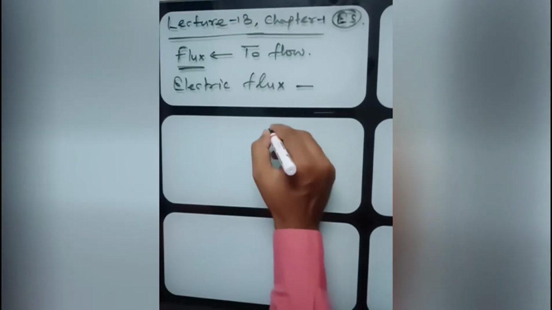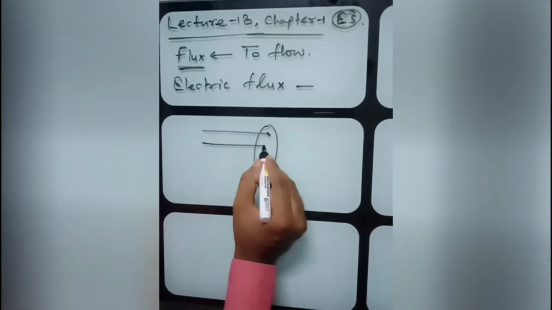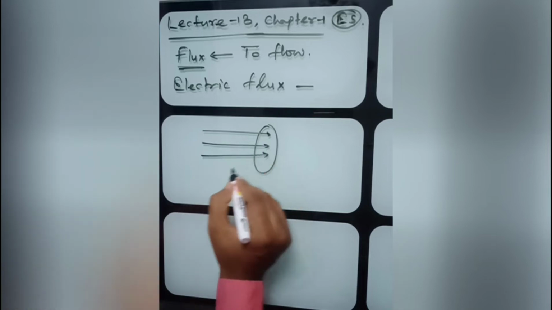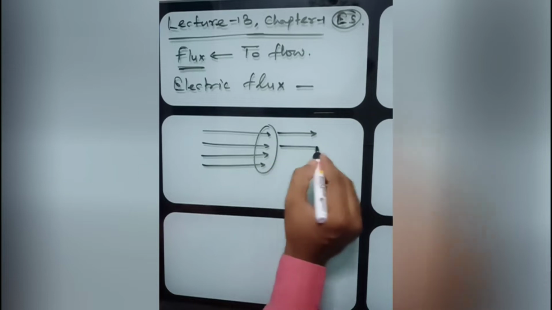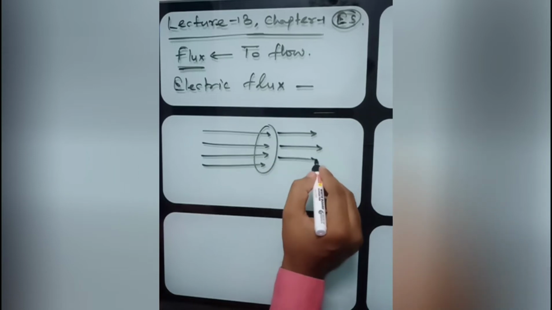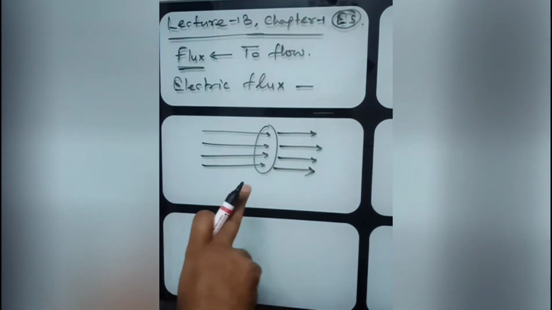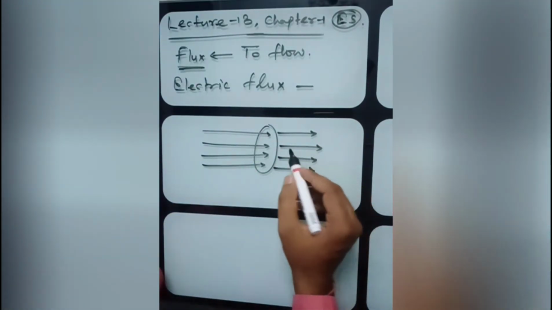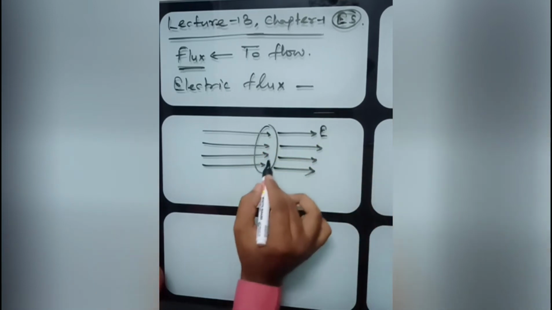Suppose I have placed a ring over here, and these are all imaginary, because electric field lines you cannot count. If we look, 1 2 3 4 electric field lines are crossing this particular ring.